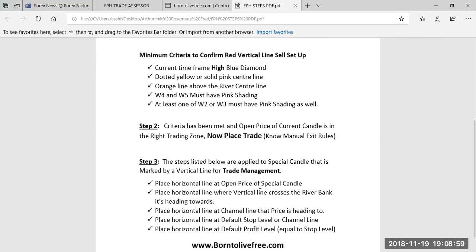Then you can mark out all your horizontal lines, and drag the stop level from TPSL to its correct spot, and your take profit to the correct spot. So all the same steps, just adjusted in the sequence to follow the flow.